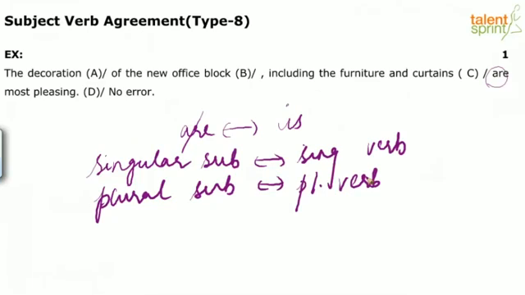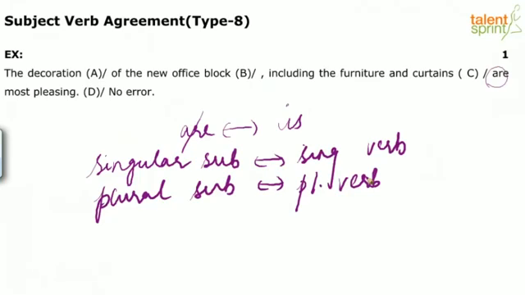But I think are is correct, isn't it? The decoration of the new office block, including furniture. There are so many things. We're talking about furniture, curtains. Why do you think are should be replaced with is? I want the reason.